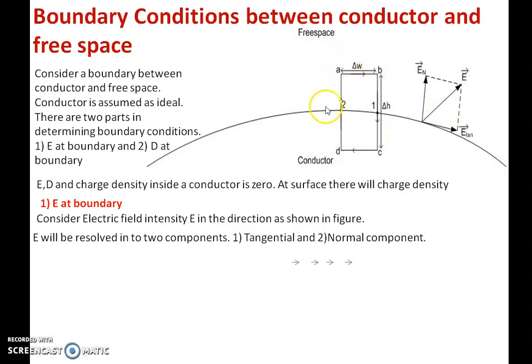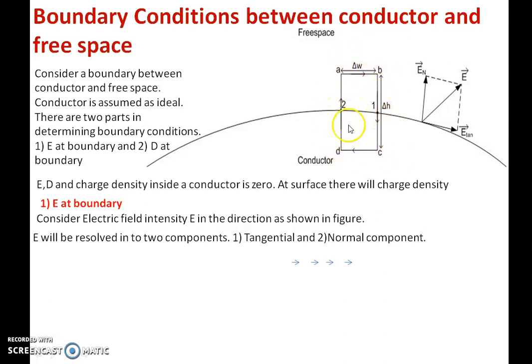So ABCDA is the closed rectangular path with width delta W and height delta H, and the direction of the electric field intensity in this closed path is from A to B, then B to C, then C to D, and then D to A. This is the direction A, B, C, D, A. In the clockwise direction, the field will move.